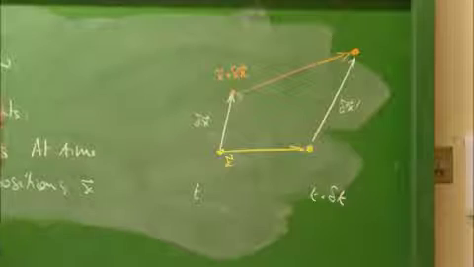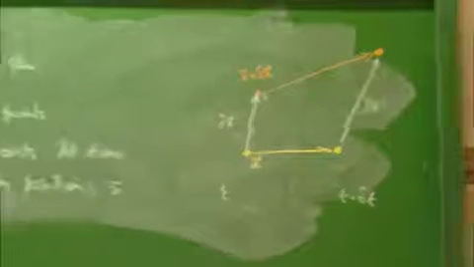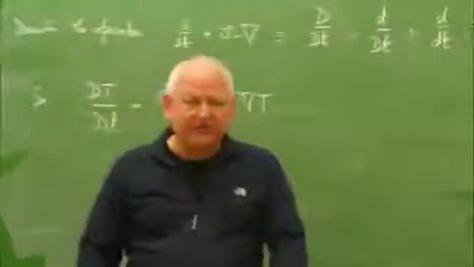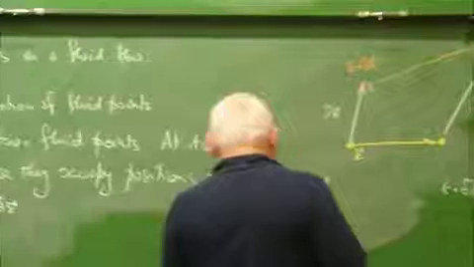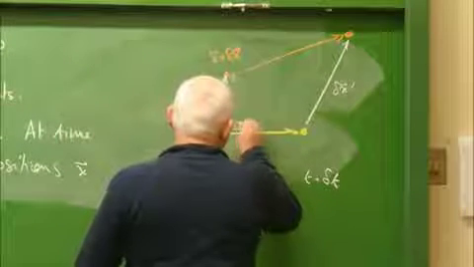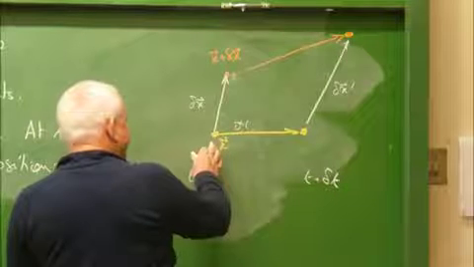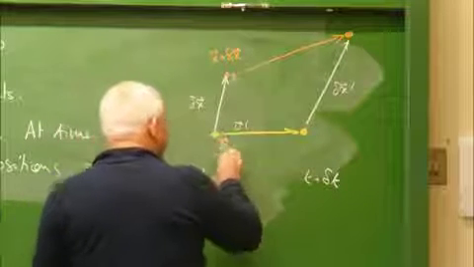In time delta t, by how much does a fluid point displace? Well, you can write the answer in terms of the fluid velocity field. The fluid velocity is going to be v at, well, I need to find the velocity that the particle has when it is at position x and at time t.